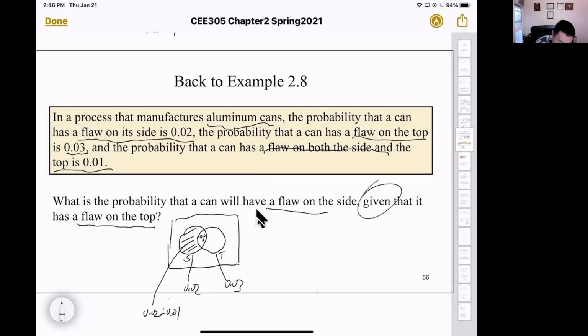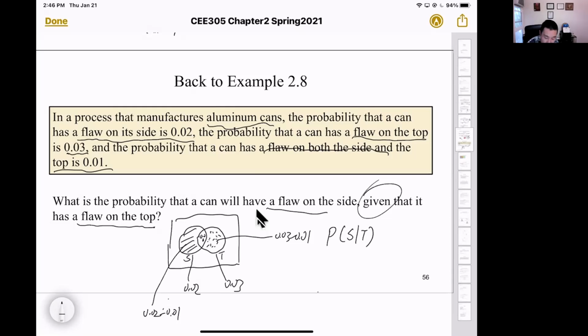And in this area, it will be 0.03 minus 0.01, which means it has a flaw on the top but not on the side. So we can figure that out first before we answer the question. Under the conditional probability, the question is asking this.